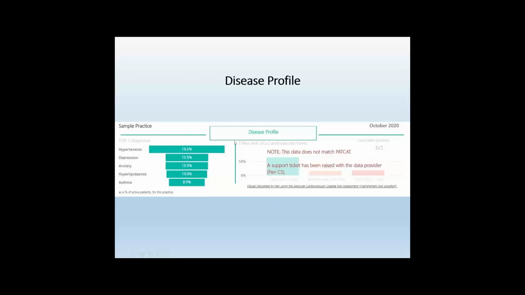Whereas the other cardiovascular risk values were calculated according to the Department of Health definitions for the PIPQI, these ones come from a report that exists within the PenCS software. But as you can see, there's a note across this one saying there's been an issue identified with that data coming from the PenCS software, and our data team has raised that as an issue with PenCS support at the moment.